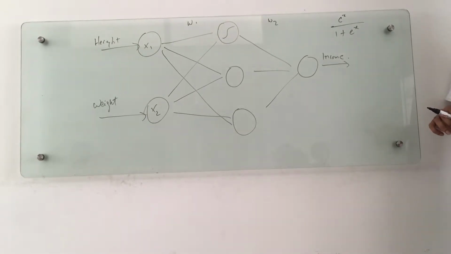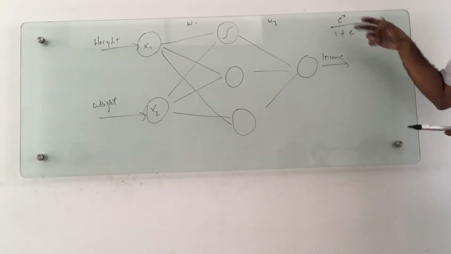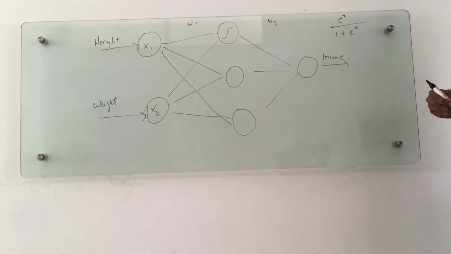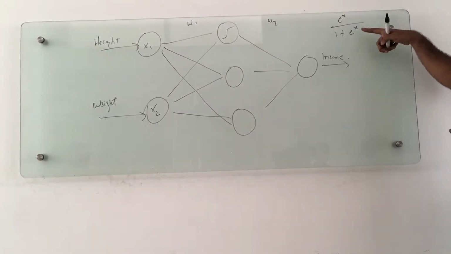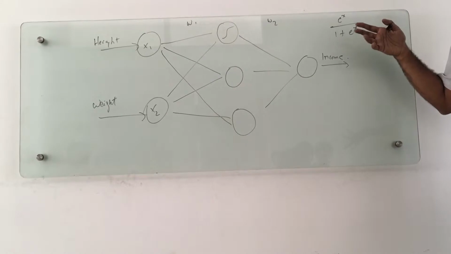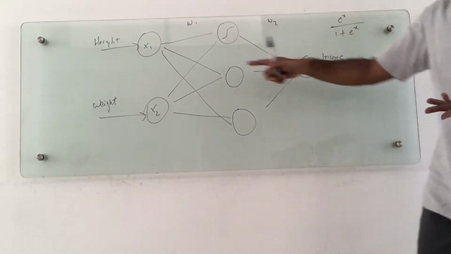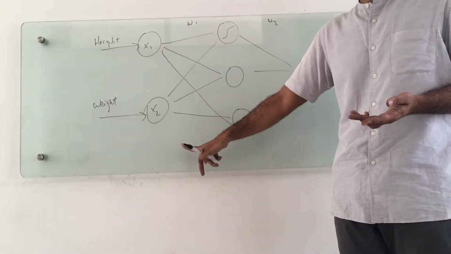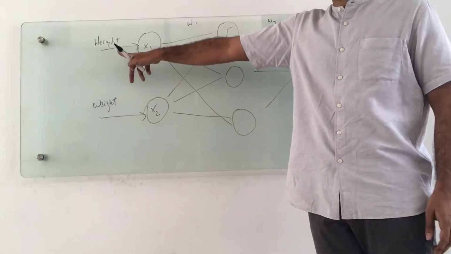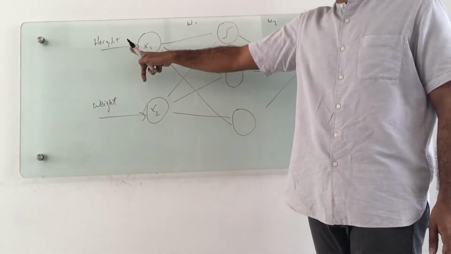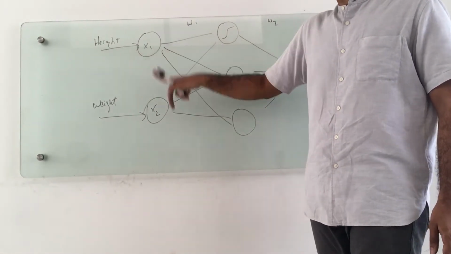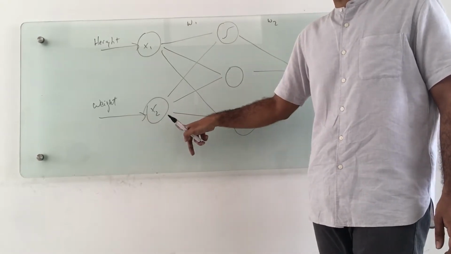Or 1 divided by 1 plus e to the power of minus x, that will give you the same thing. Your numerator is always smaller than your denominator, and hence this will always output a value between 0 and 1. You take your height, like say 7 feet, 6 feet, and convert it into 0 to 1. Weight, convert it into 0 to 1.